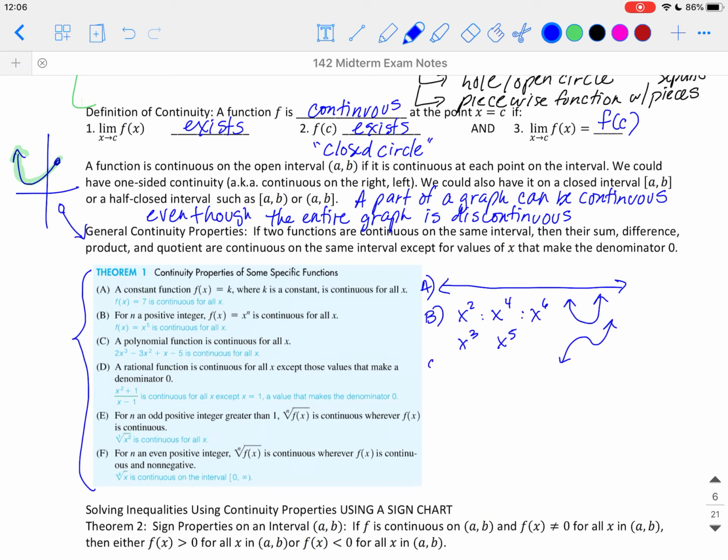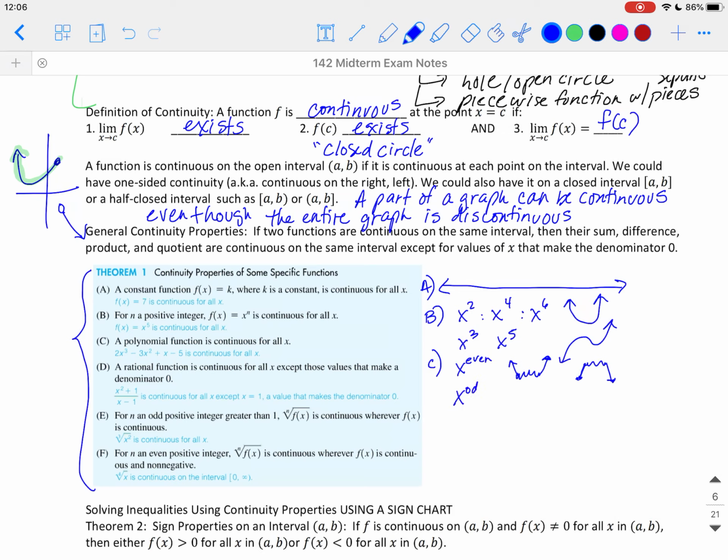Technically, part c is the same thing as b, except that we just have end behavior. So x to any even power is going to have end behavior like this, or if it has a negative, it'll be upside down.